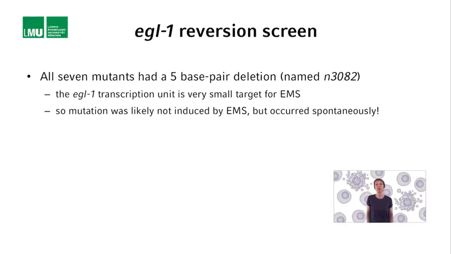And for this reason, it provides not a good target for EMS because there are just not many GC base pairs that can mutate to have a significant detectable effect on the function of the AGO1 gene product. In retrospect, I probably would never have found what I was looking for using EMS as a mutagen. So I was lucky that this spontaneous mutation had occurred.